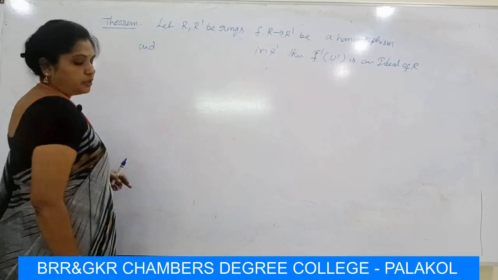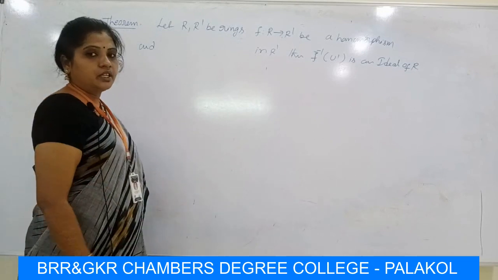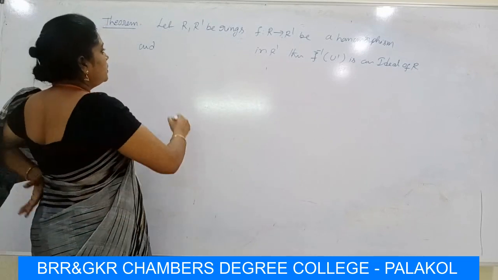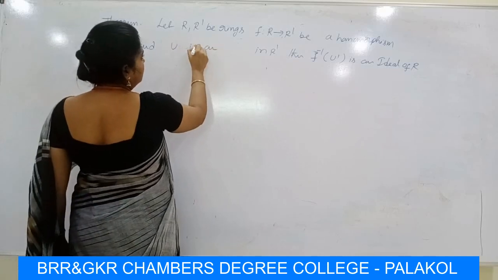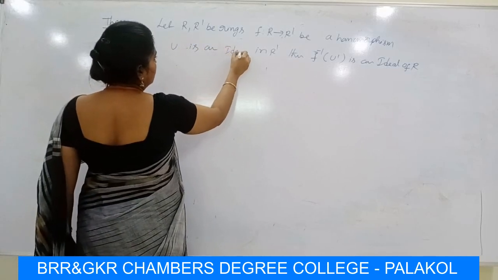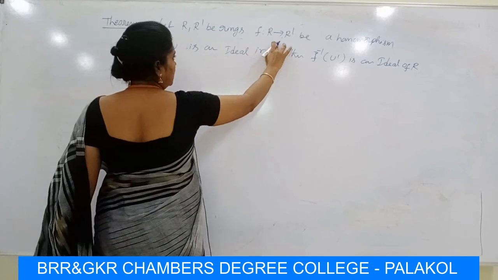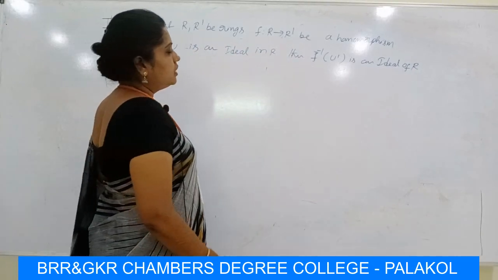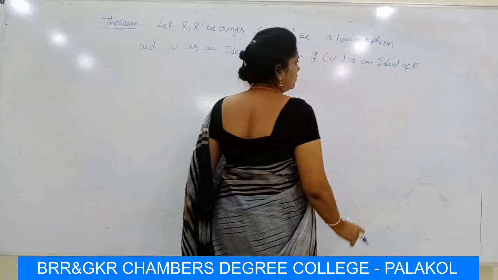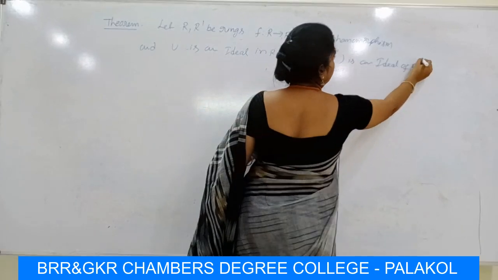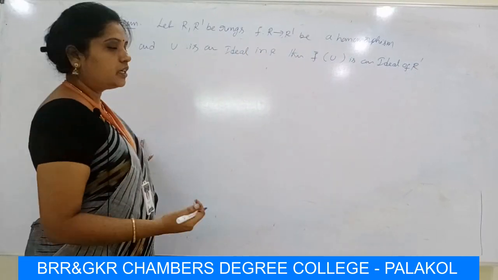Let R, R dash be two rings and F maps R to R dash be a homomorphism and U is an ideal in R, then F of U is an ideal of R dash.